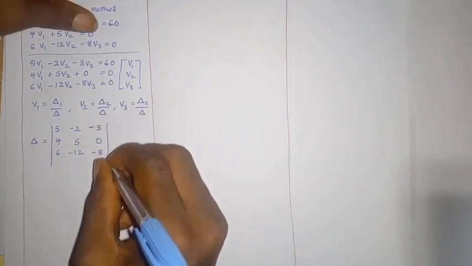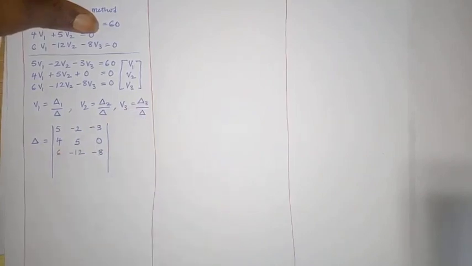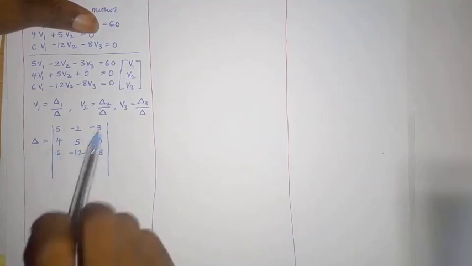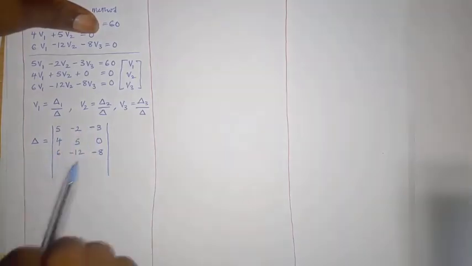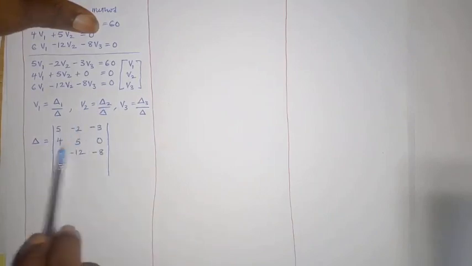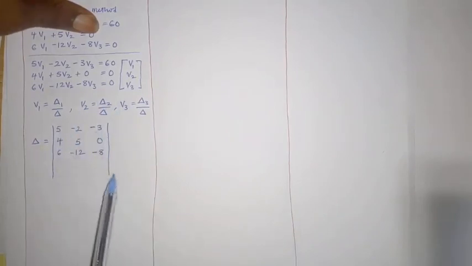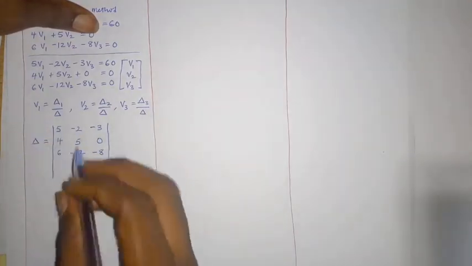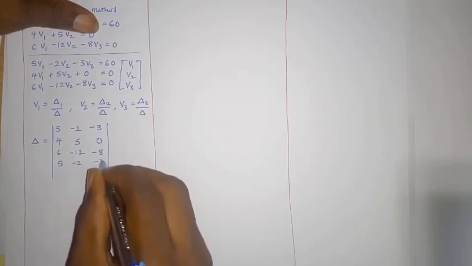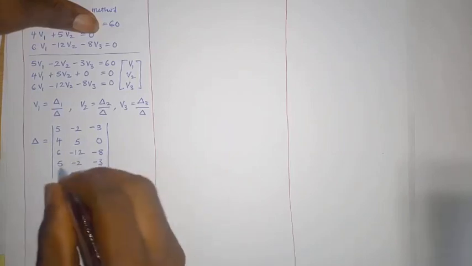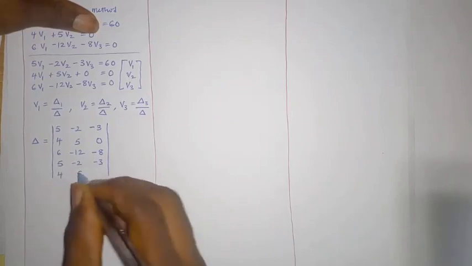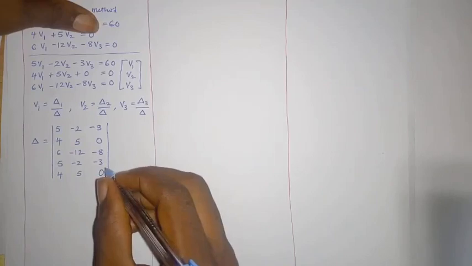Okay. Now please pay more attention to this. I'm going to repeat the first two rows. I'm going to write it here. Look at it. 5 minus 2 minus 3, and another one 4, 5, then 0. You see that?